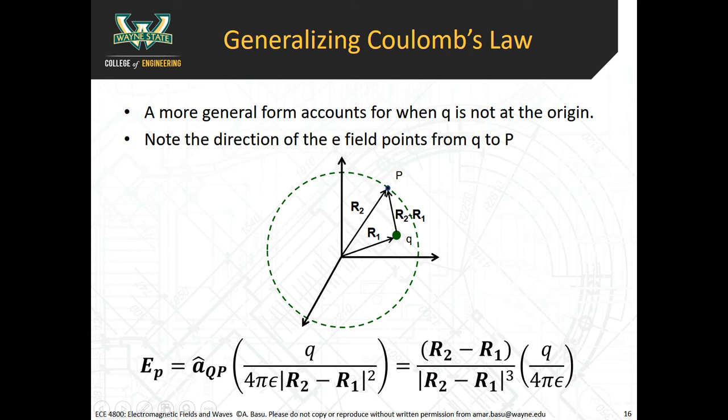You already have a magnitude of R2 minus R1 here, so this becomes cubed instead of squared. So you have R2 minus R1 divided by the magnitude of R2 minus R1 cubed, times Q divided by 4 pi epsilon.